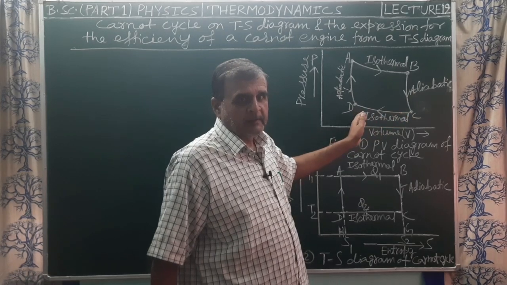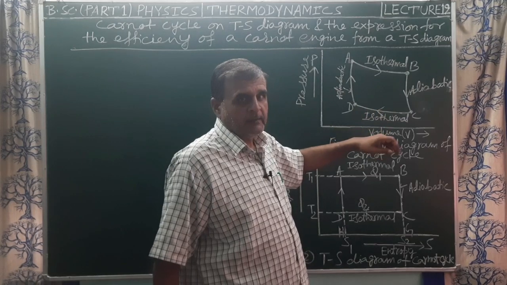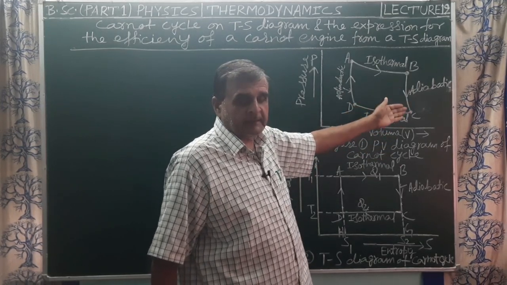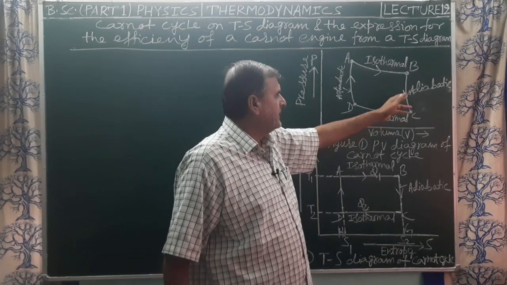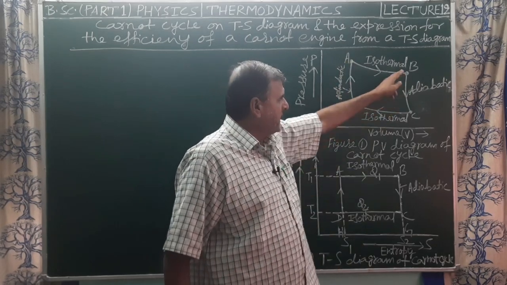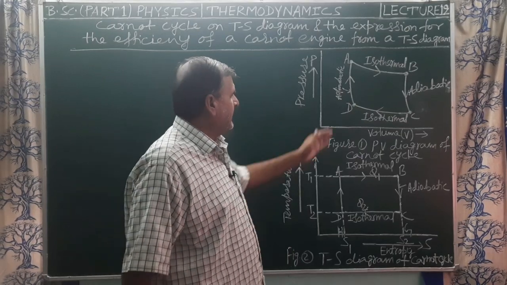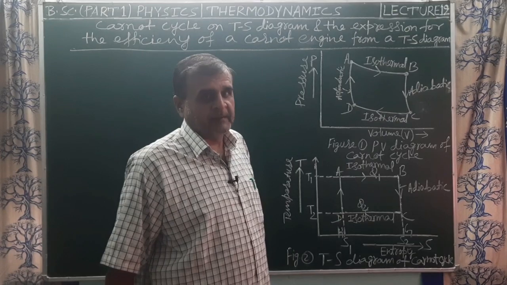PV diagram of Carnot cycle consists of two adiabatic processes represented by the curves BC and DA respectively. Curve BC represents adiabatic expansion, while curve DA represents adiabatic compression.